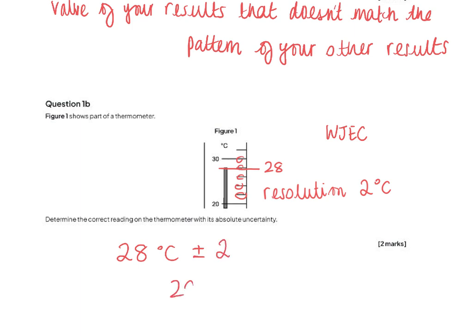We tend to write 28 plus or minus 2 degrees C and put our degrees C at the end. So that is our answer. If you see in the answers it says plus or minus 1 degree C, that is because that is for the AQA exam board, not the WJEC. This is the correct answer for us.